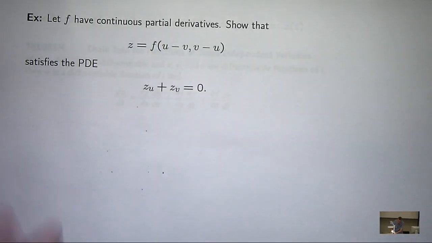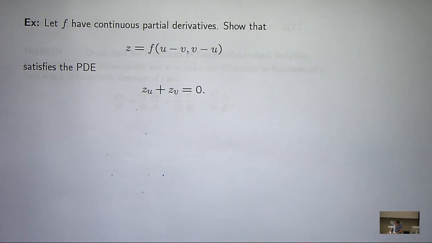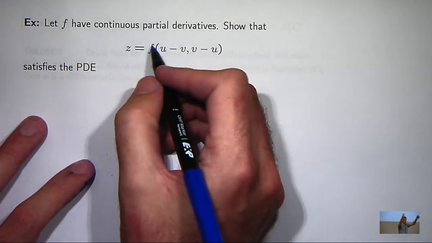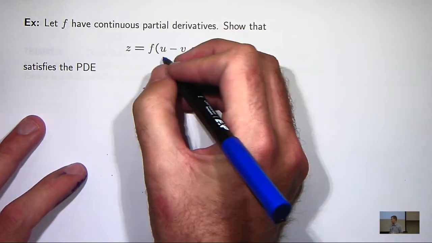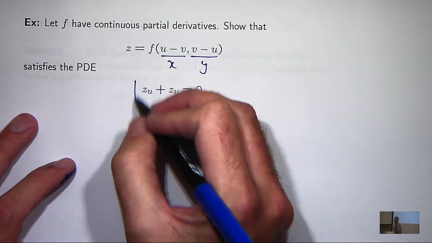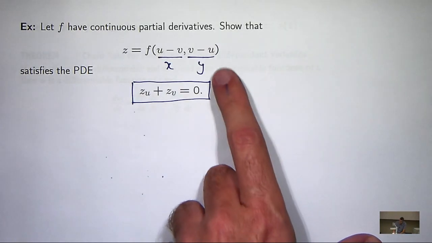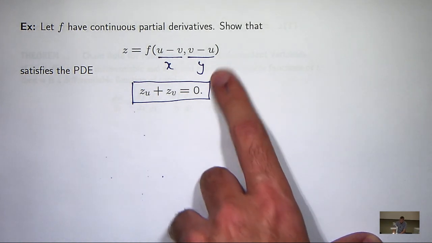All right, so here's a good example that has been in previous class tests. Suppose we've got a function, f. We don't really know what f is, but we know it's got this kind of dependency. What we're asked to do is show that functions of this type satisfy a special equation known as a partial differential equation.